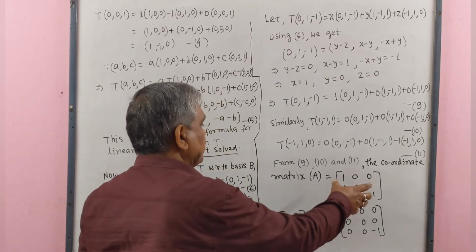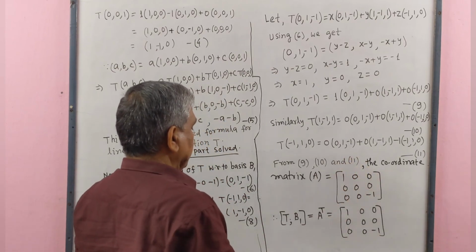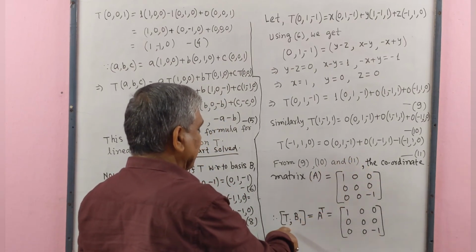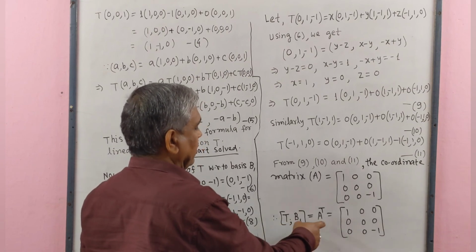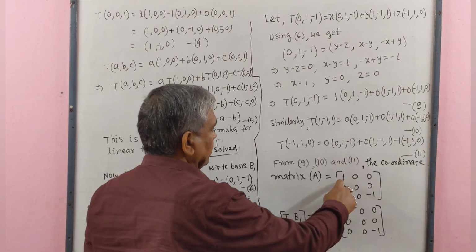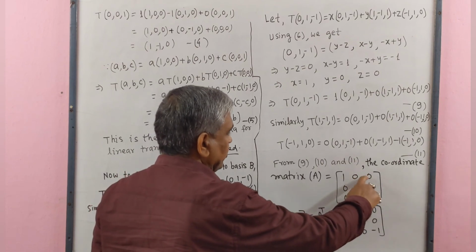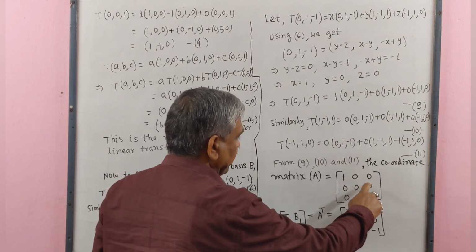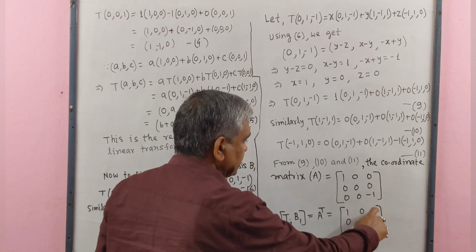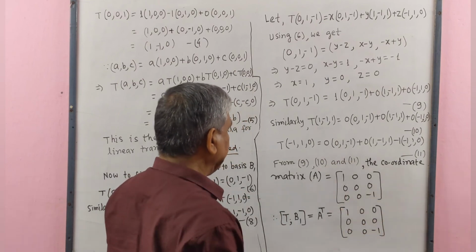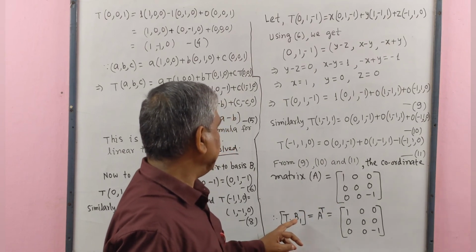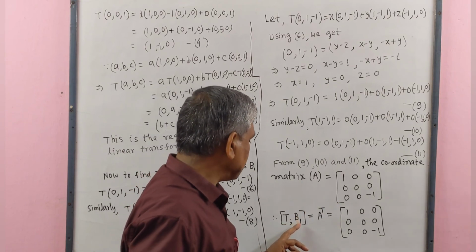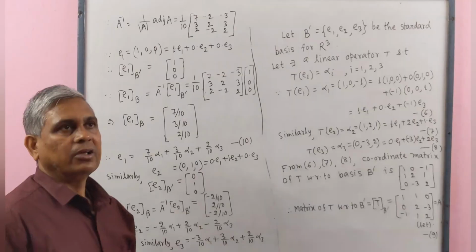And the transpose of this is the matrix of the linear transformation T with respect to basis B1. The first row becomes the first column, the second row becomes the second column, the third row becomes the third column. This is the required matrix of the linear transformation T with respect to basis B1, solved.